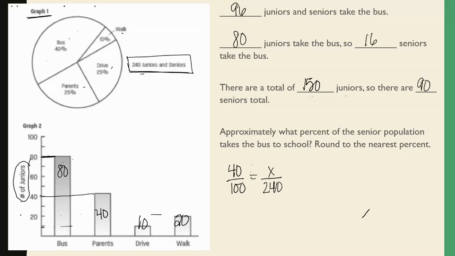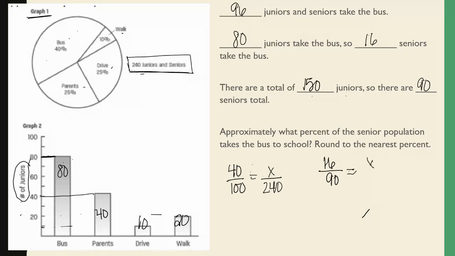Okay, so we're using information that we're given from both graphs and we're putting it together to try to figure out some stuff. Now the next question says approximately what percent of the senior population takes the bus to school? Round to the nearest percent. So I know that there are 90 seniors. And I know that 16 of them take the bus.